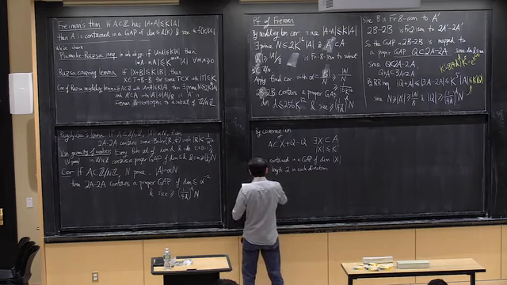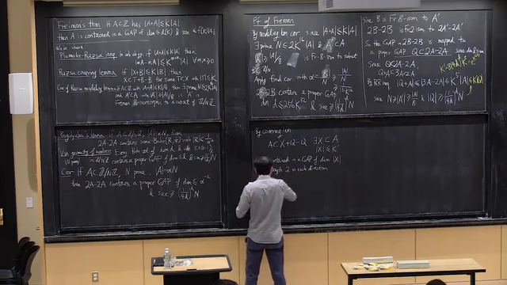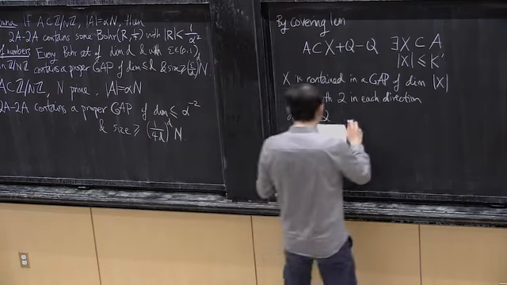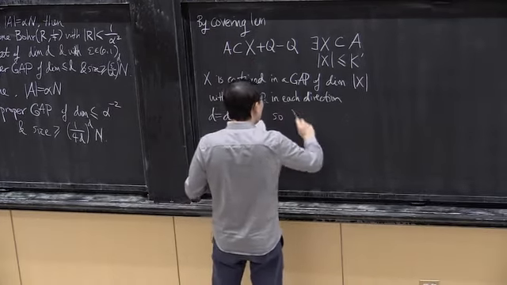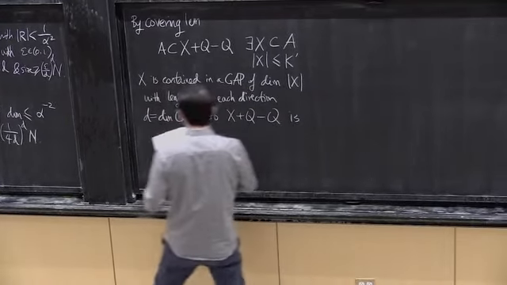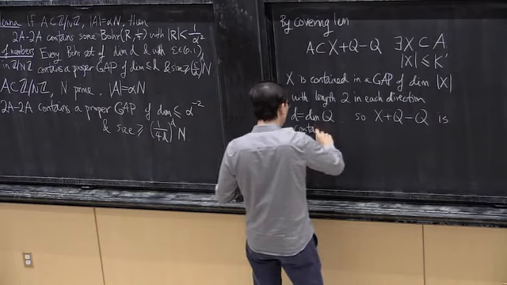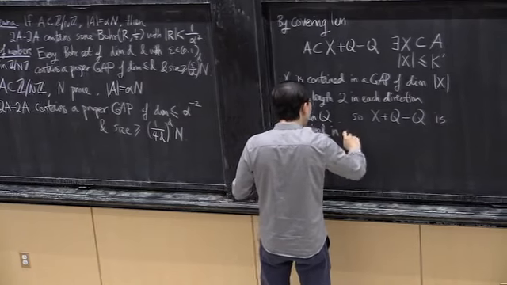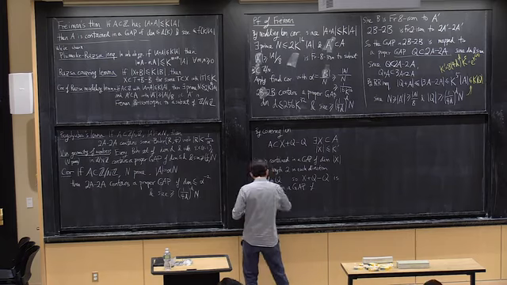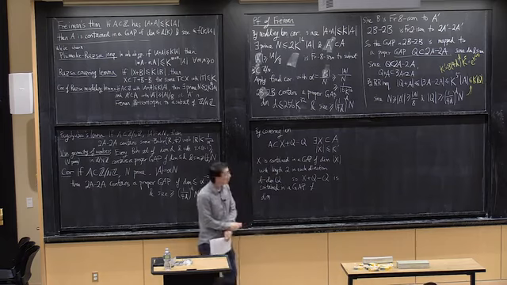And recall that the dimension of Q as a GAP is d. So x plus Q minus Q is contained in a GAP of dimension... what's the dimension?